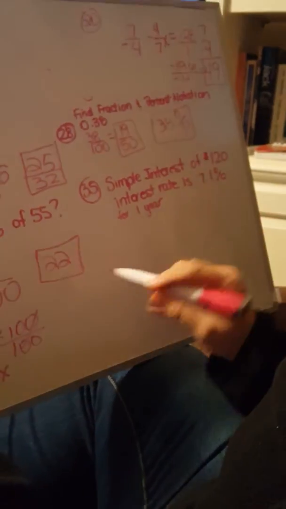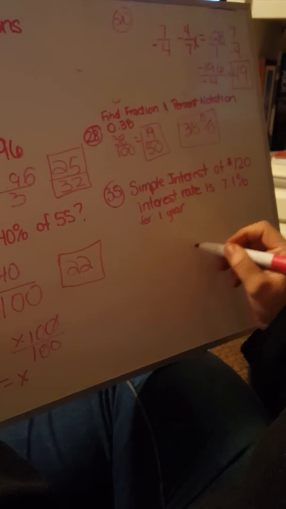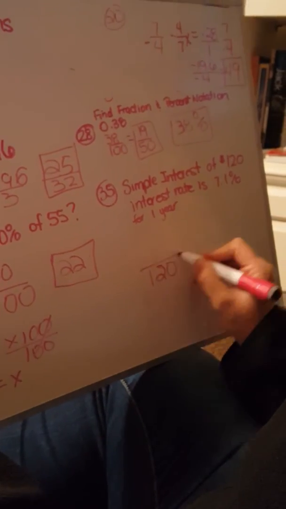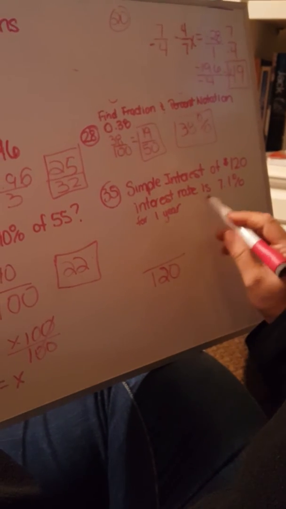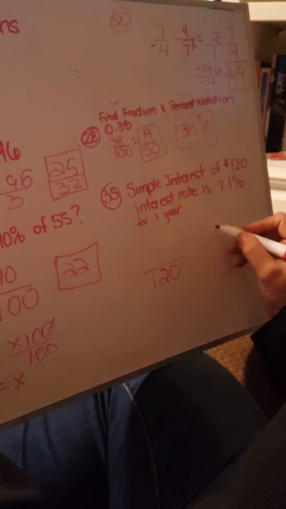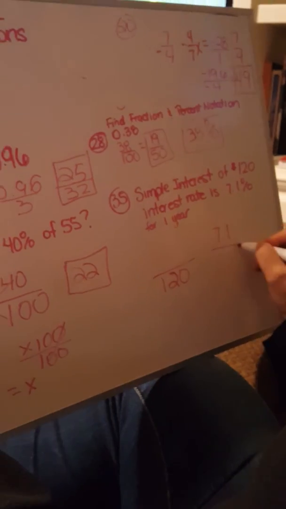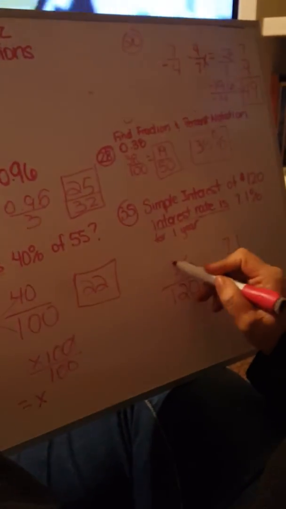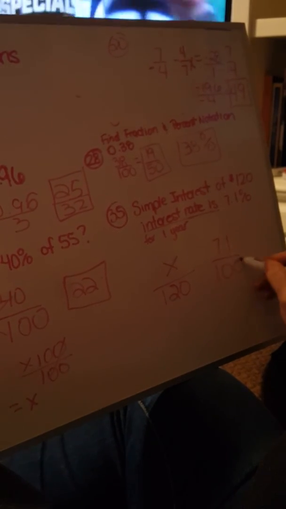And basically we're kind of doing the same here. So we know the of is the 120. That's the total amount. Okay, the interest rate is 7.1. We don't know what the interest is. So that's your x, and this is your 100.